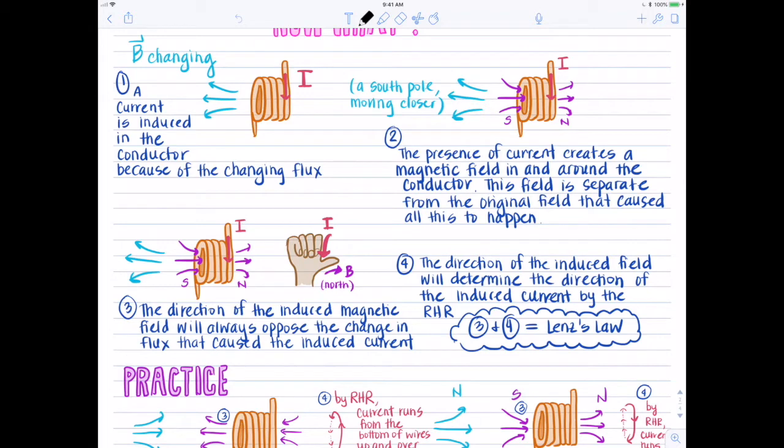It's a little bit of a backward sentence, so that's why I broke it down in reverse, where in step 3 we said the induced magnetic field will always oppose the change in flux that caused the current. Then we talk about the direction of current. Now let's do a little bit of practice to see if we understand what these steps or what these rules really mean for us.